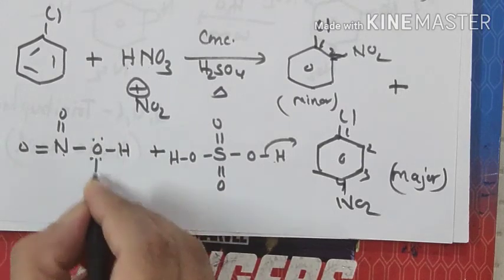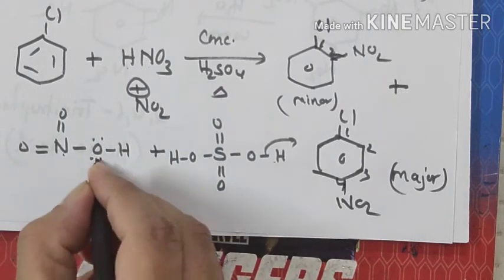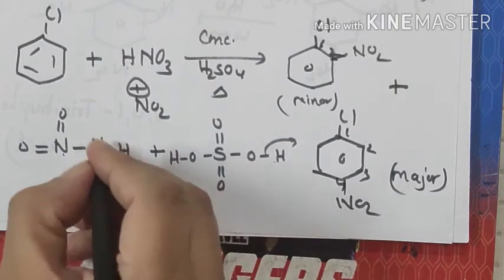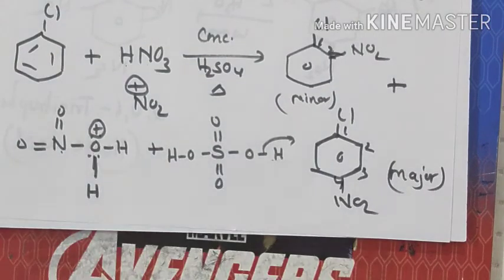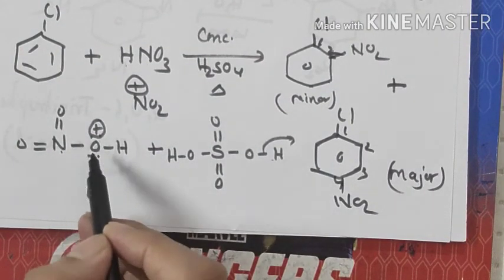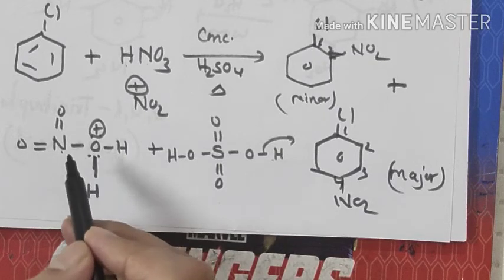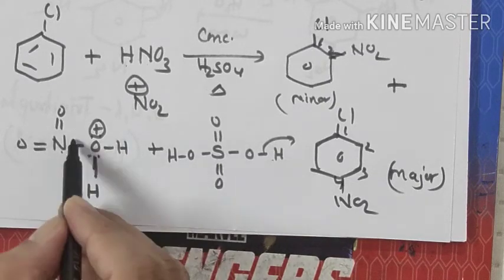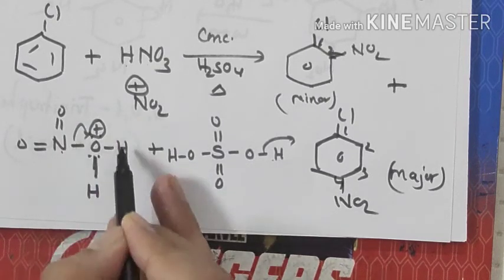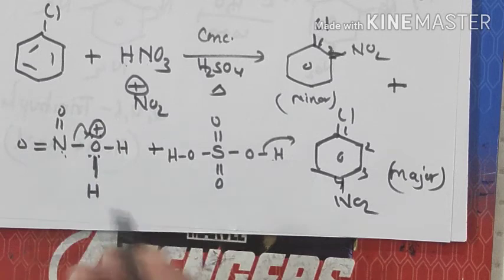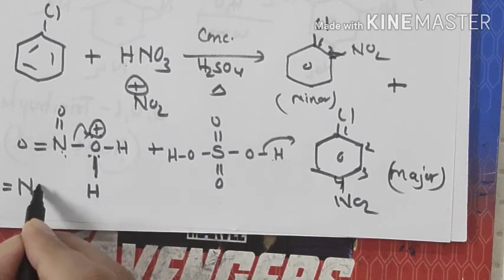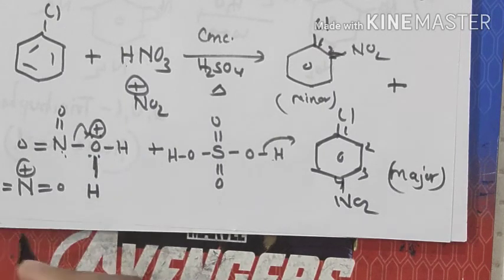To form the bond, oxygen has to supply the electrons because H plus has no electron, so the oxygen acquires a positive charge. Now oxygen is a more electronegative atom, it can't remain positive, so it tends to take the electrons from here. When it comes out, it becomes H2O, water, and this results in the formation of N double bond O with a positive charge, right?